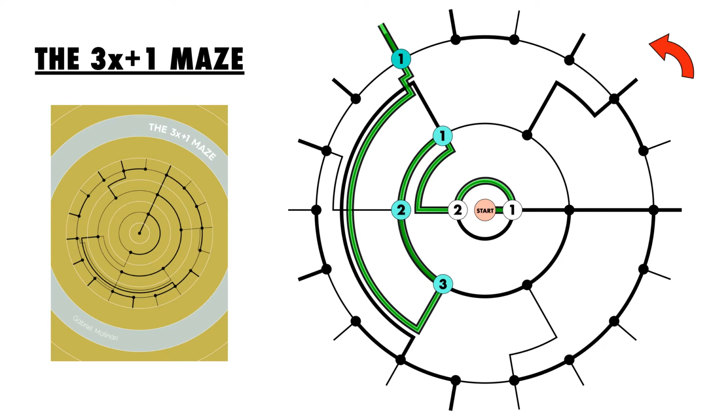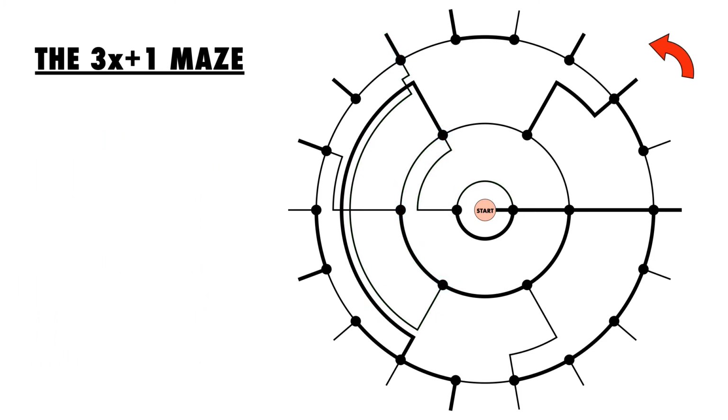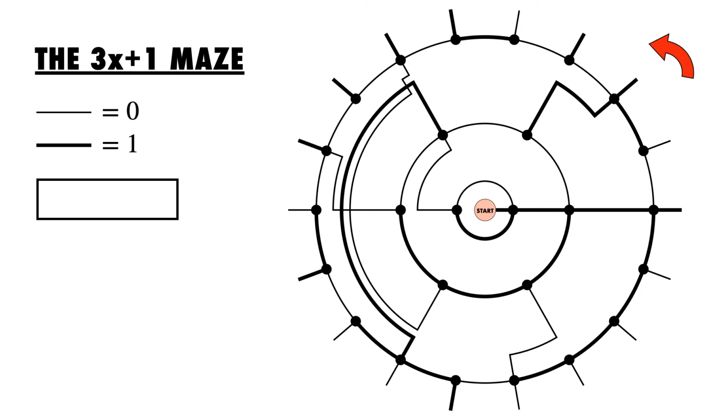Okay. So what does this tell us? Well, we'll show this example again, and we add to this that we have thin paths and thick paths. And a thin path represents a 0, and a thick path represents a 1. So we'll keep track of our thin paths and thick paths as 0s and 1s.